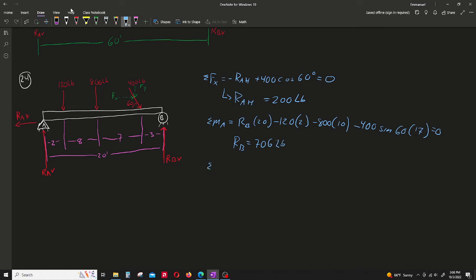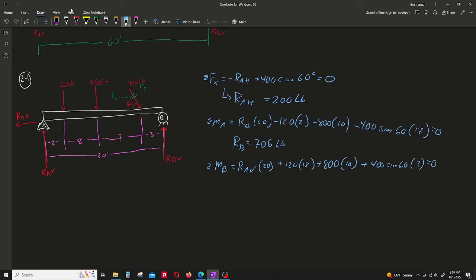And if you do the same thing but at the opposite end, so moment about B, you'll get RA in the vertical this time times 20 plus 120 times 18 plus 800 times 10 plus 400 sine 60 times 3.